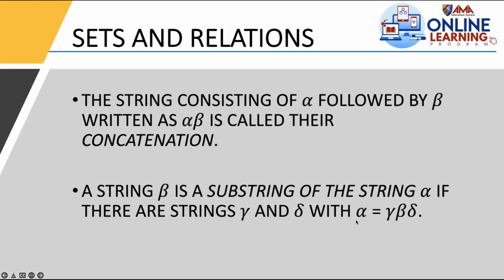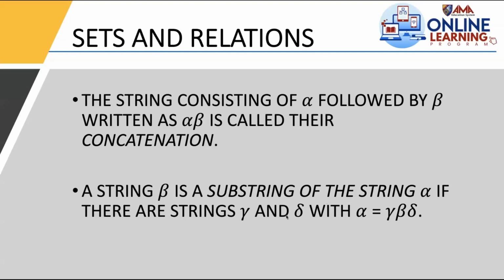However, we denote sets by capital letters, right? So again, I'm just telling you the similarity, but the proper way to look at it is string. In the proper way, a string beta is a substring of the string alpha. So we don't say beta is a subset. I'm just making an analogy for you to understand. Because we denote sets by capital letters, but we denote strings by Greek letters.